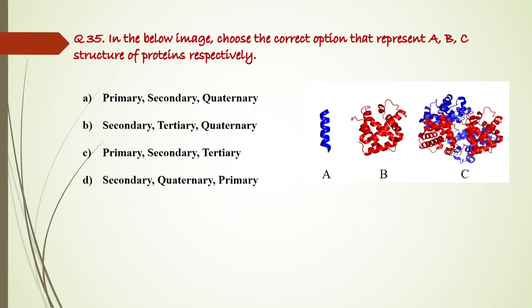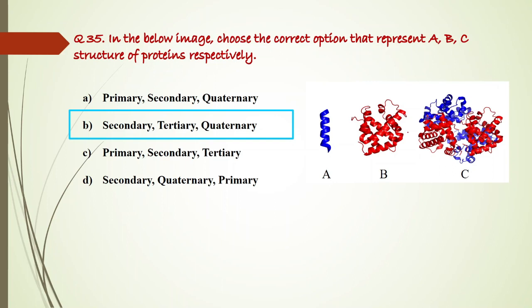If you see, yes, the correct answer is what you said, B. Why? Because the structure A is basically an alpha helix. What kind of structure is an alpha helix? It is a secondary structure. In the next one, we can see different numbers of alpha helices joined by loops or turns.